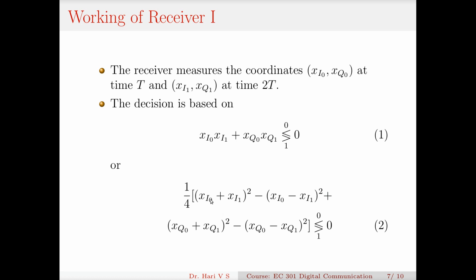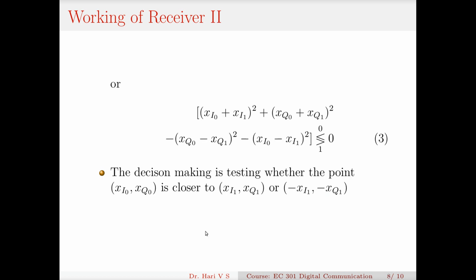You may even discard this 1/4 because the right side is a 4, so that I can turn it into 2. Like these two I can combine together. Like I have this equation: (xi0 plus xi1) whole square plus (xq0 plus xq1) whole square minus (xq0 minus xq1) whole square minus (xi0 minus xi1) whole square.